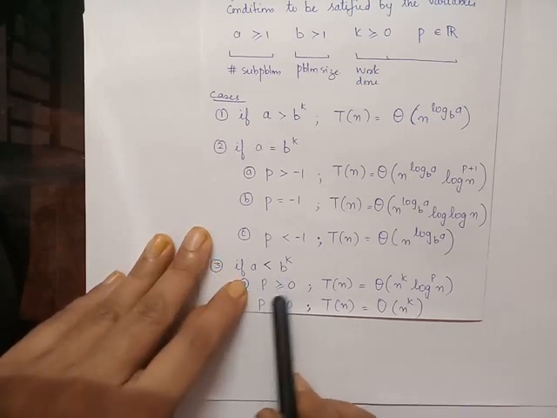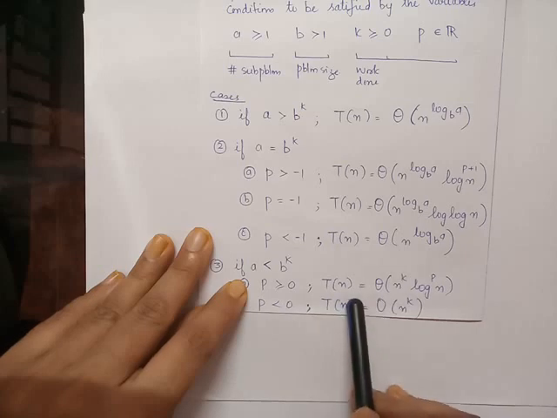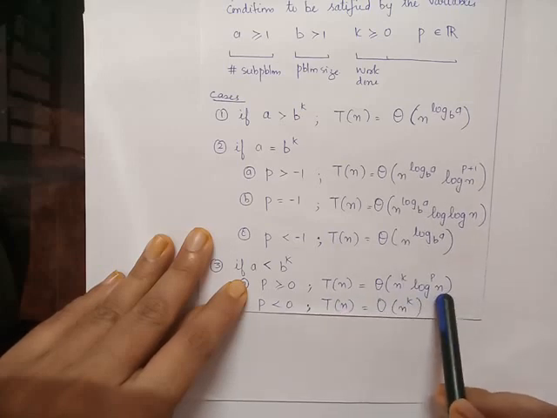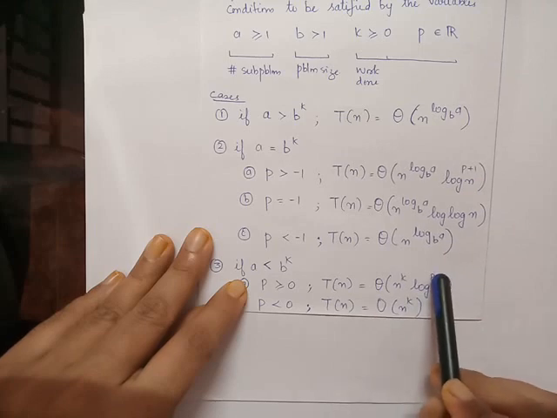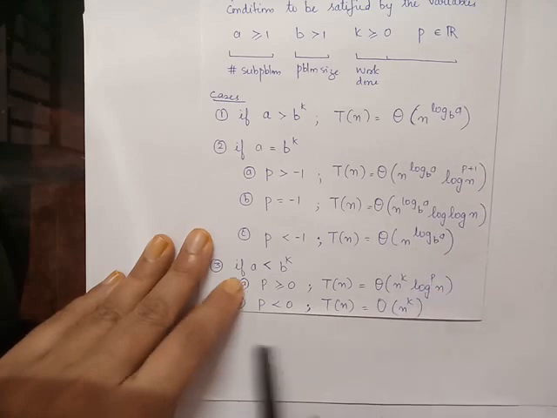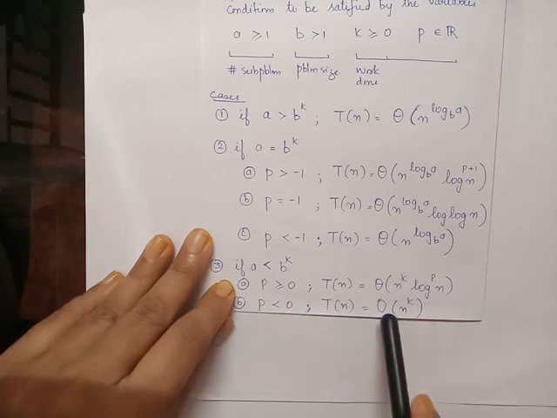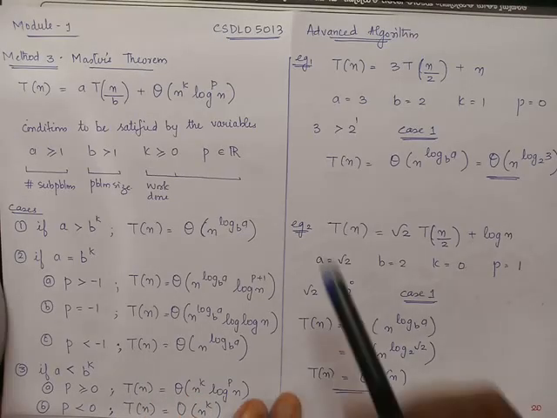If p is greater than or equal to 0, then T(n) is equal to theta of n raised to k log n raised to p. Now, if p is less than 0, then T(n) is equal to big O of n raised to k. Let's continue with the discussion.